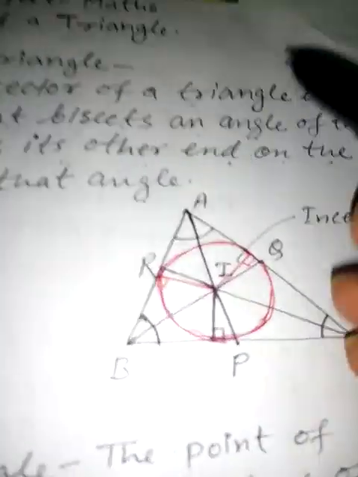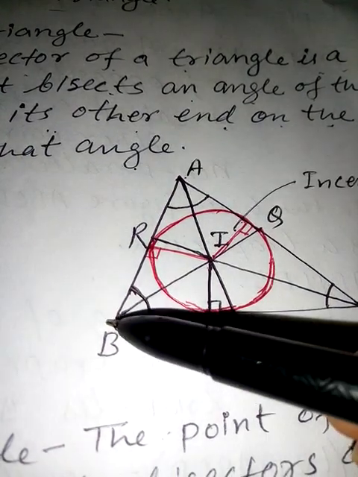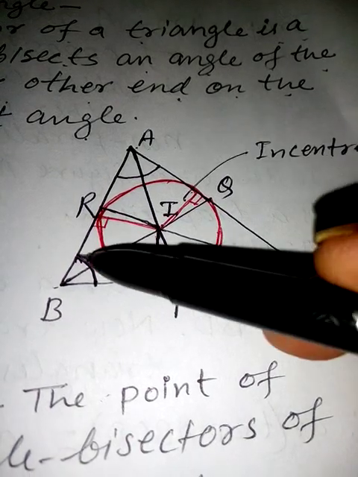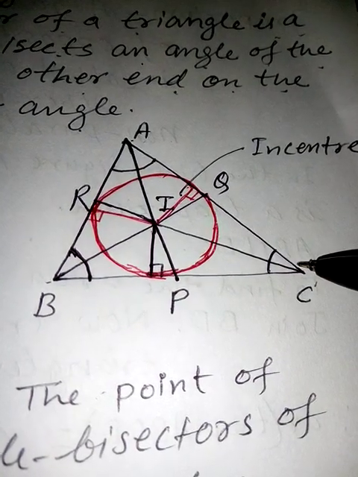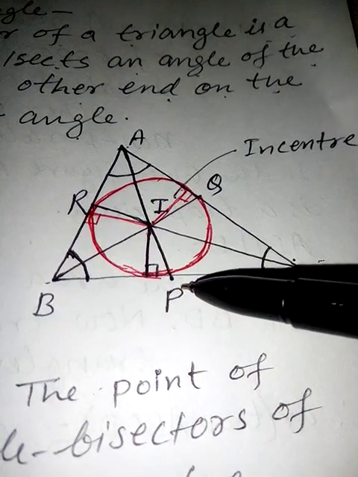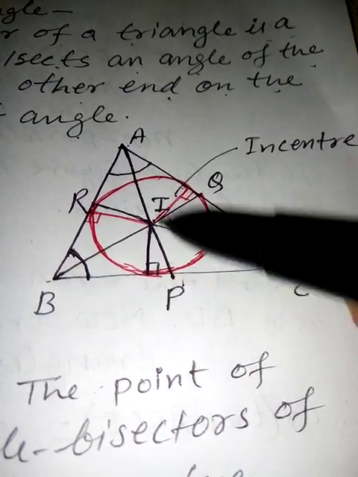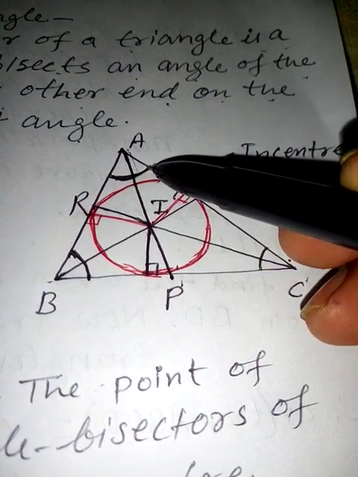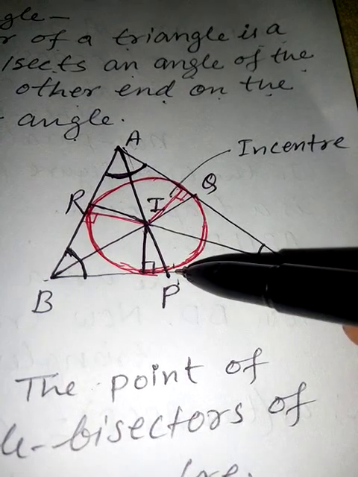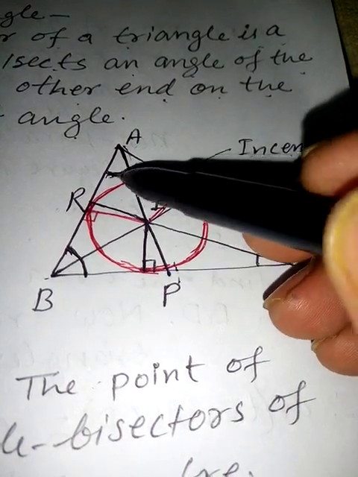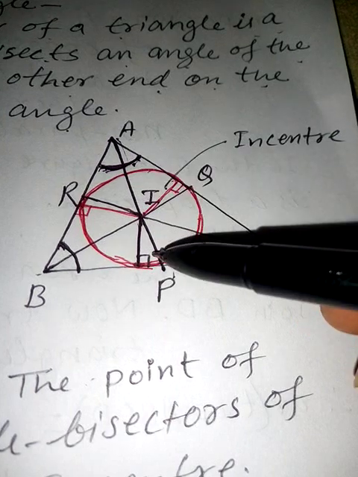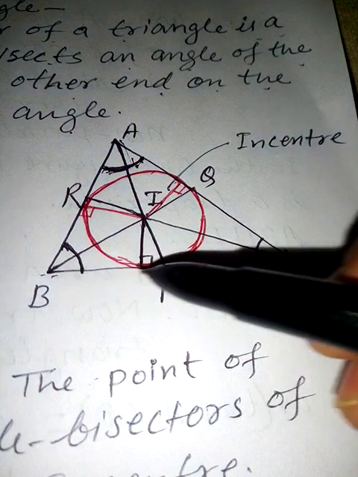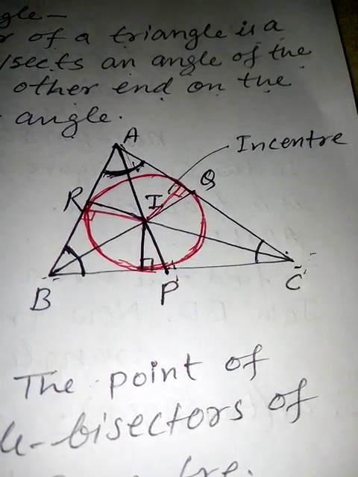You can see in this figure, ABC is a triangle, and in this triangle ABC, AP is the angle bisector of angle A. This AP divides angle A into two equal halves, and this AP ends in the opposite side BC at P.